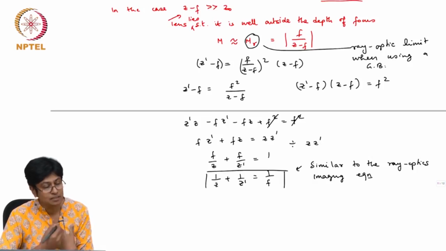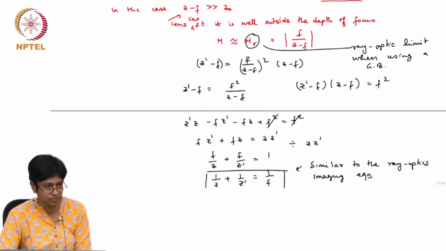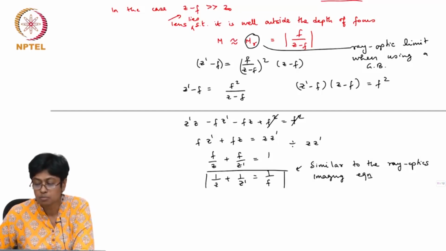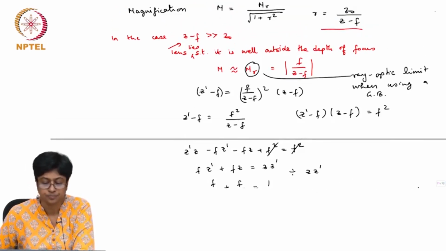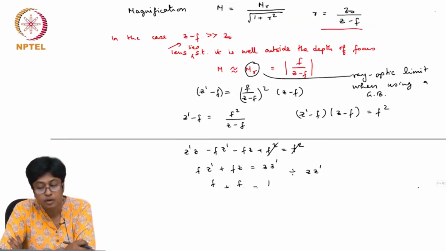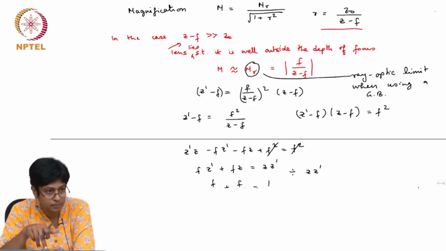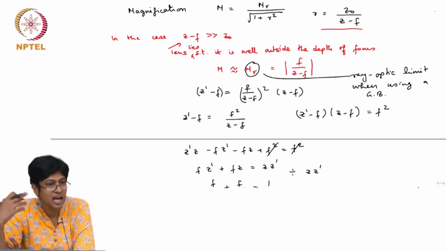The best or highest magnification you can get is this. Any other value of M is going to be smaller than this, because here we said R is much less than 1 and so we neglected it. So M equal to M_R is the largest value that you can have.